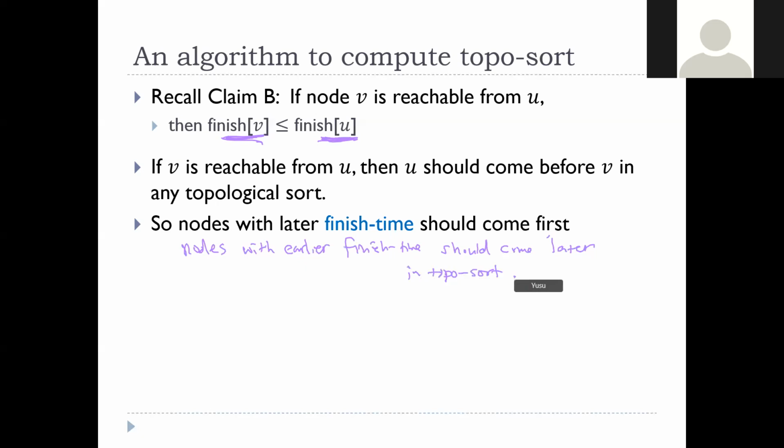If someone finished earlier, then we actually want it to come later, because if V is reachable from U, we want V to come later in the topological sort order.